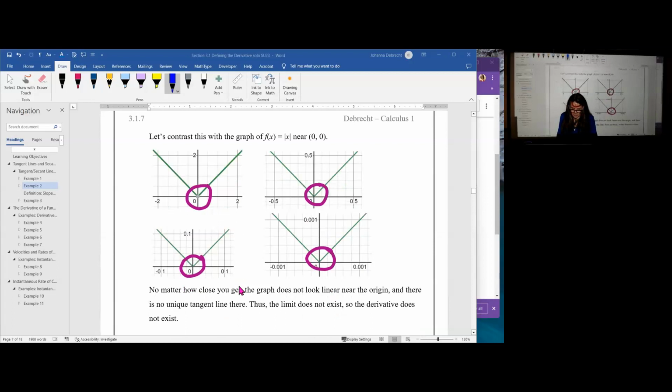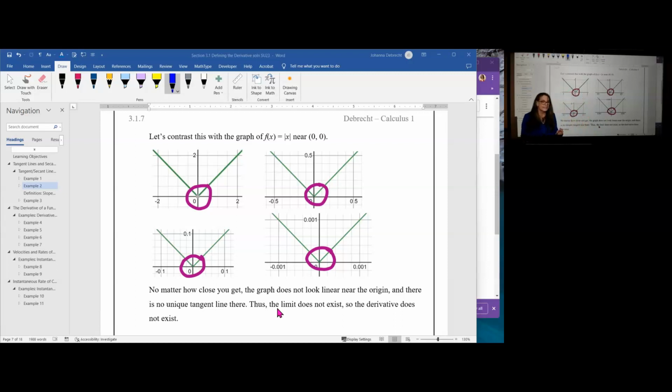Now let's take a look at the graph of the absolute value of x, specifically at the point (0, 0). If we're looking at this point, it has a sharp corner. If I zoom in, my first window is from negative 2 to 2. My next window is from negative 0.5 to 0.5. Notice it's still a sharp corner. A corner is not a line.